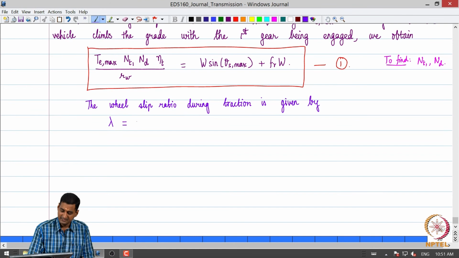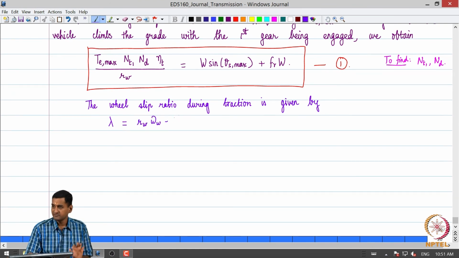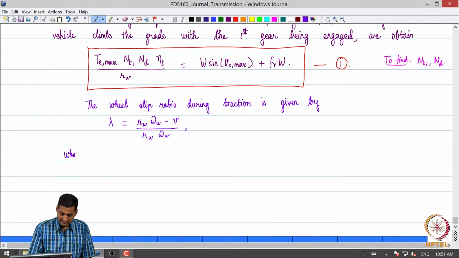During traction it is defined as Rw times omega w, which is essentially the tangential speed of the wheel, minus the vehicle longitudinal speed v, divided by Rw omega w, where v is the vehicle longitudinal speed.